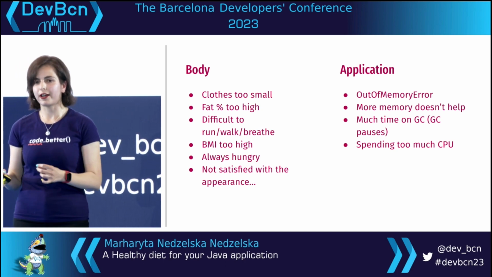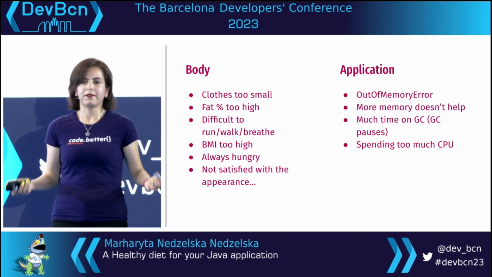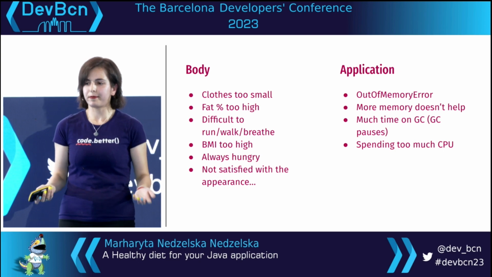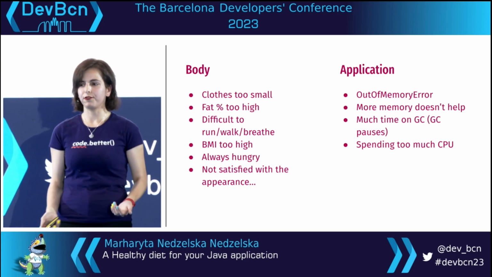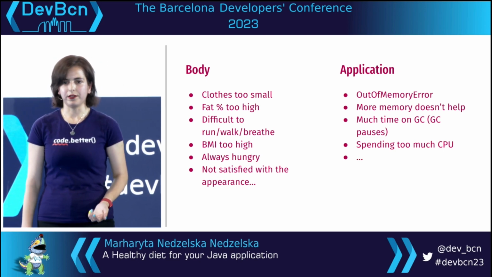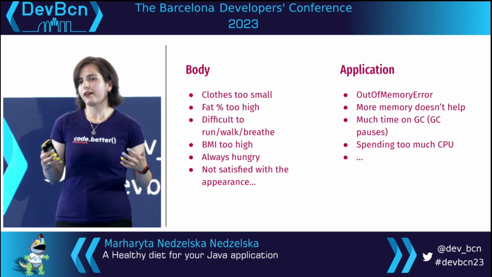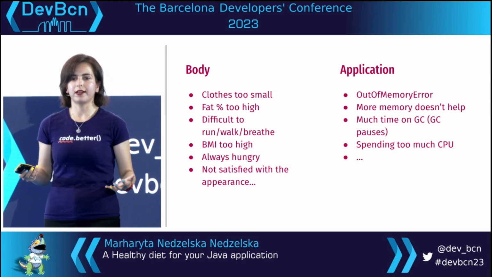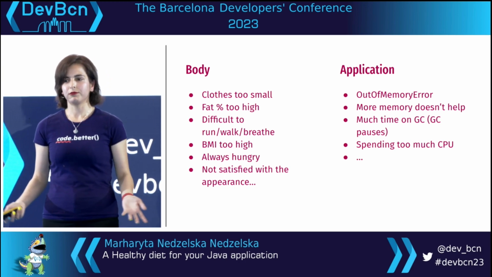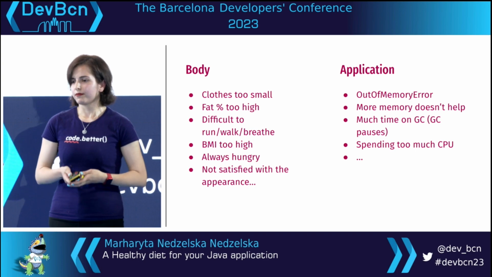Garbage collector tries to collect the trash, but he fails, and he spends a lot of time and CPU on this. And so on. There are a lot of other mild, not mild symptoms, but all together they can signal you that there is some problem. You need to investigate this.